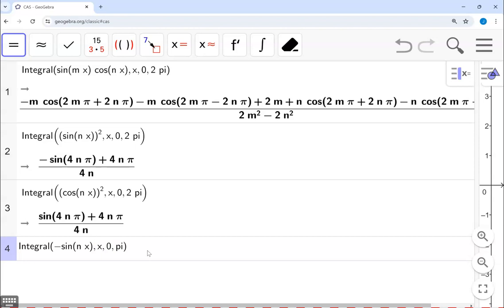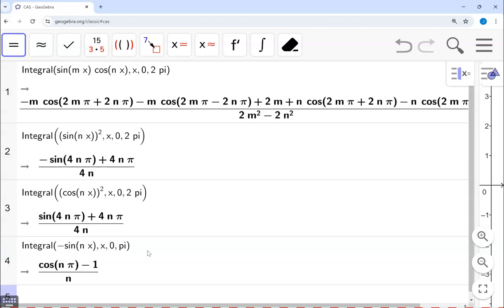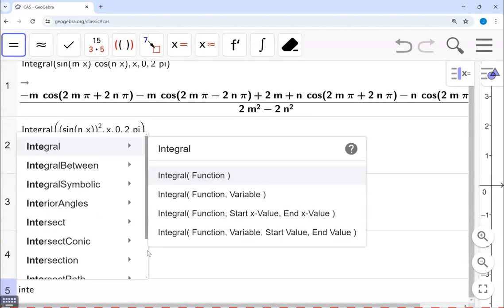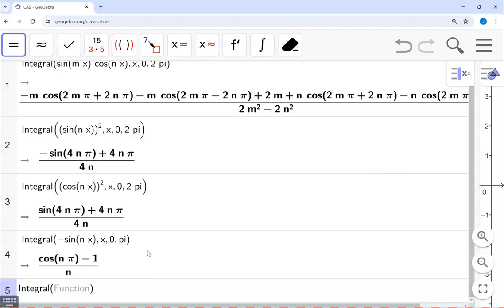That goes from 0 to pi. That's the first half of the interval, right? It was -1 for the first half of the interval. And then in the second part, we'll do positive sine of nx from pi to 2 pi.